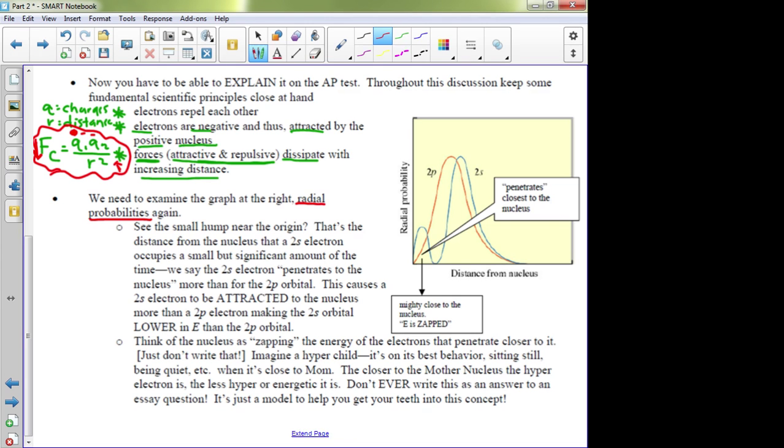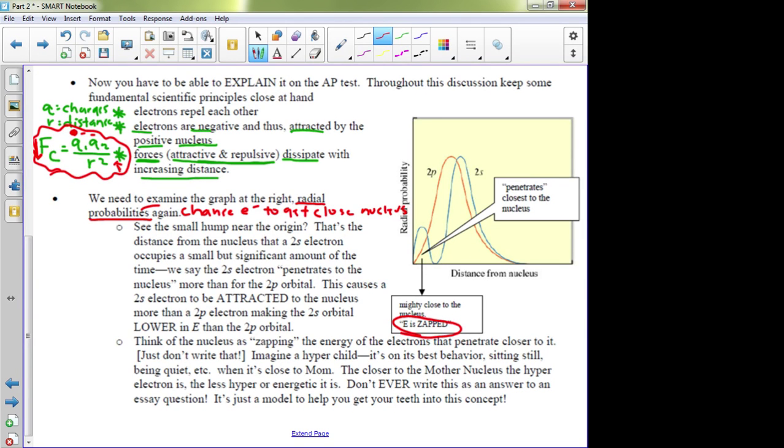All right. So, radial probabilities: we're talking about the chance that an electron has to get close to the nucleus. You can see it here, the electron gets "zapped" by the nucleus. That's in quotation marks because please do not write on the AP exam that the electron got zapped by the nucleus. That's not exactly the chemistry terminology we want to use.